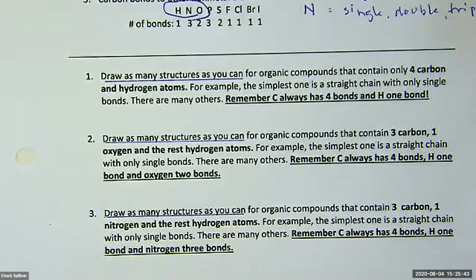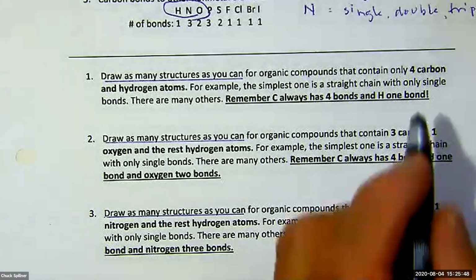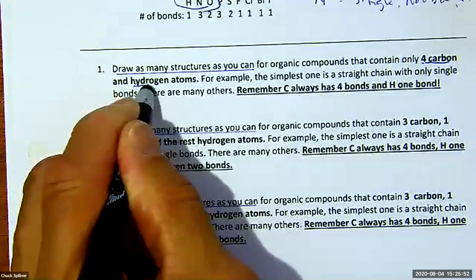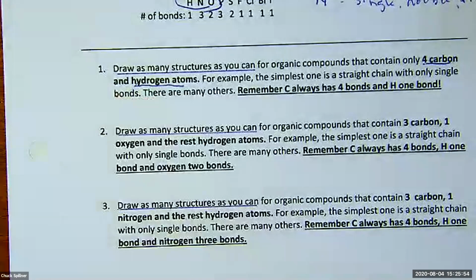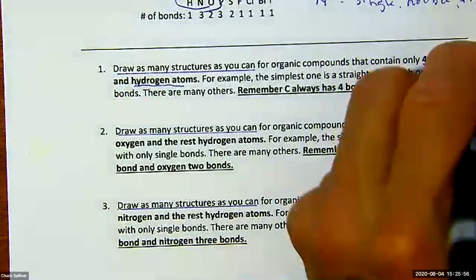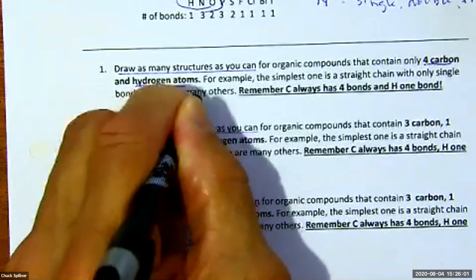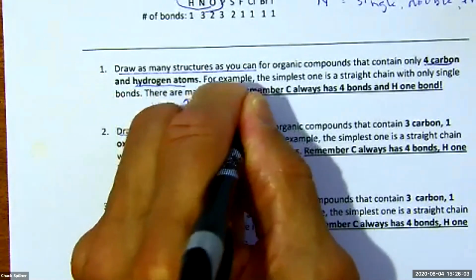An alkyne has a triple bond. So the first problem, number 1, is only carbon and hydrogen. It says you have 4 carbons and an unlimited number of hydrogens up to 10. So for the first problem, you can have up to 10 hydrogens.